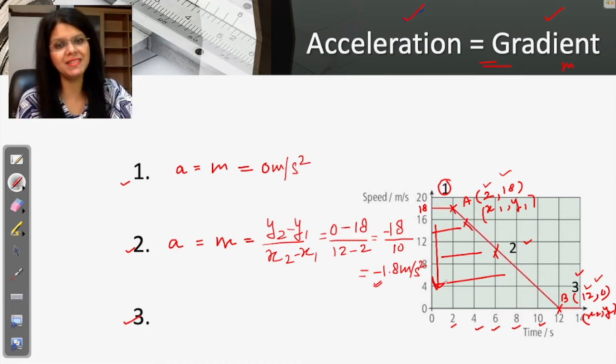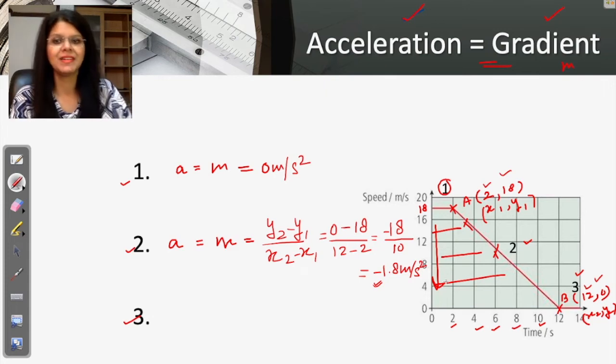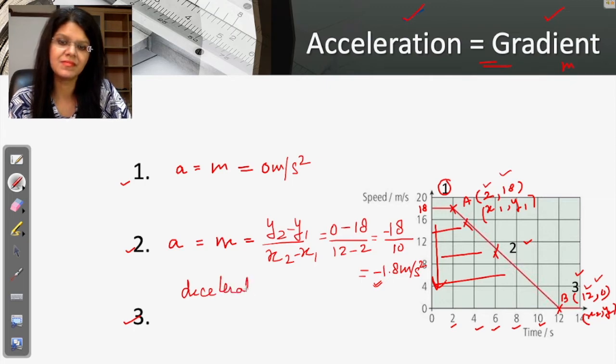Decreasing speed means negative acceleration, or there is a deceleration. The negative sign has a value to it. Do not skip it. Do not get scared of it. This is my request to you again and again. So acceleration is minus 1.8 meters per second square, or you can say that the deceleration is 1.8 meters per second square.